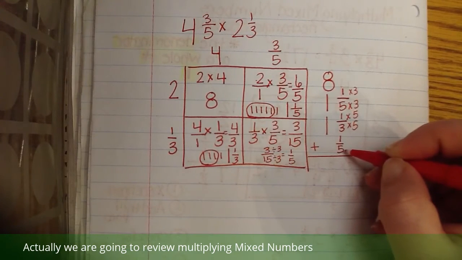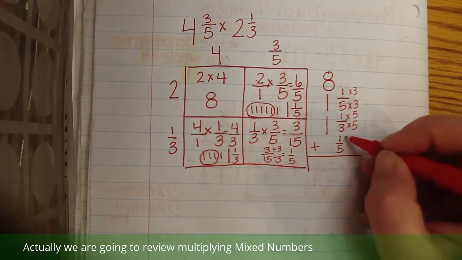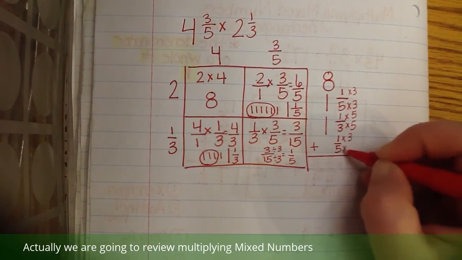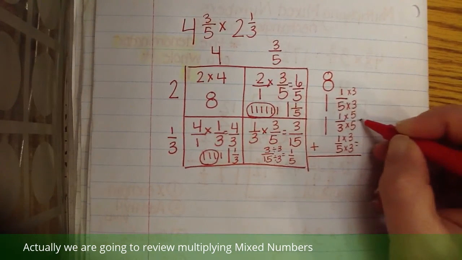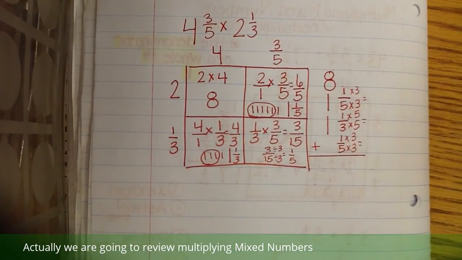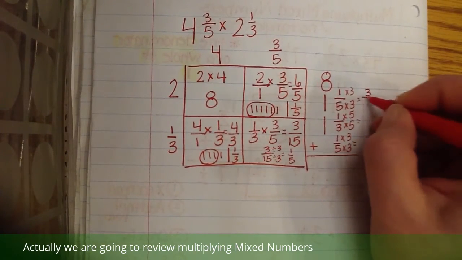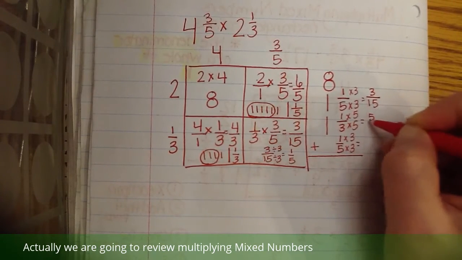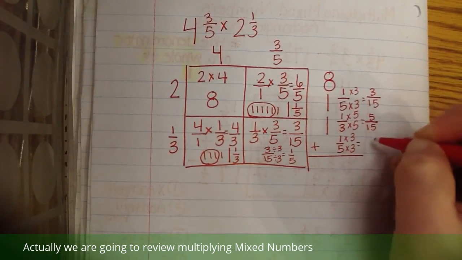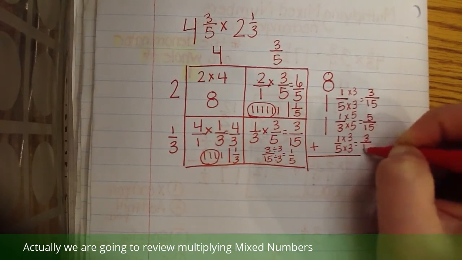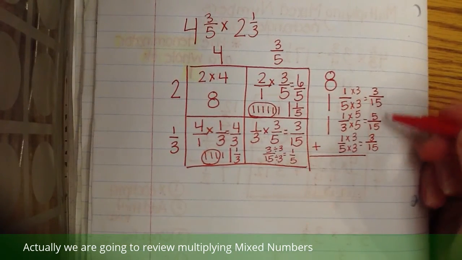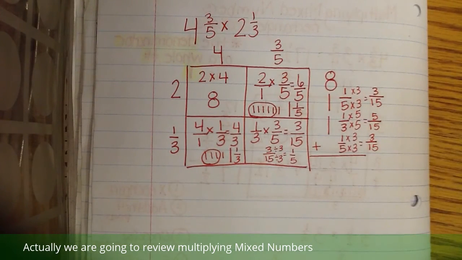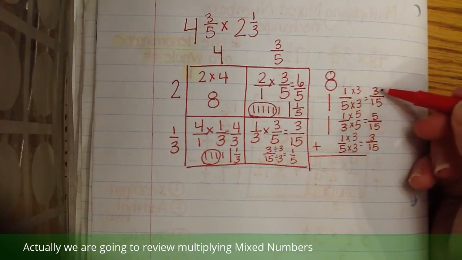What am I going to multiply this one by? 3. Okay, so let's do it. 5 times 3 is 15. 1 times 5 is 5. 15, 3, 15. My goal every time should be to have common denominators. Now I can add them.